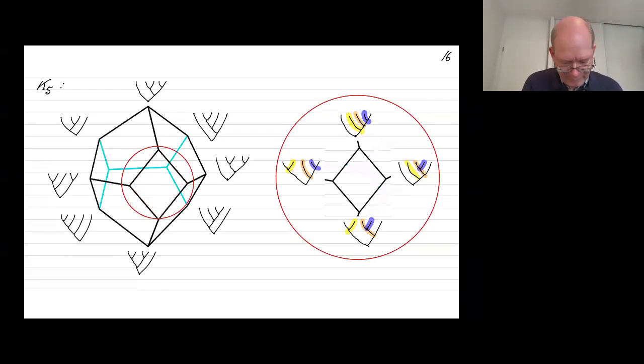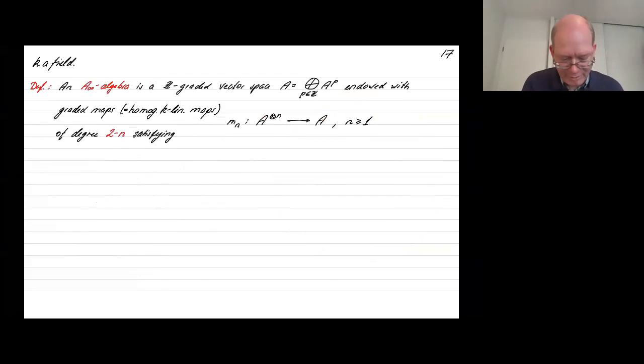Now, if we want to pass from A-infinity spaces to A-infinity algebras, we use the reduced singular chains functor. So let's fix a field K. Then an A-infinity algebra is the notion which we get.